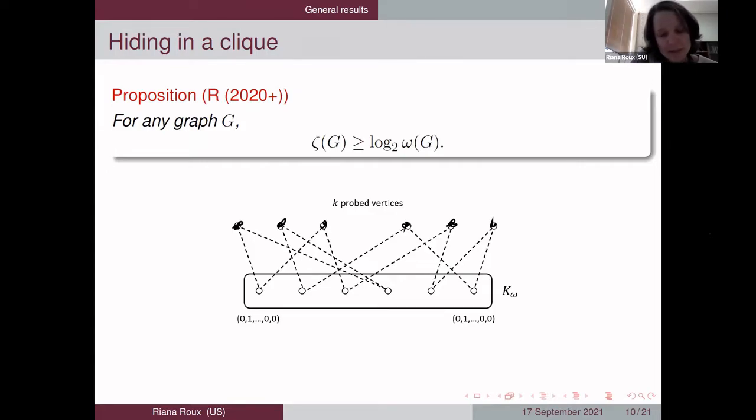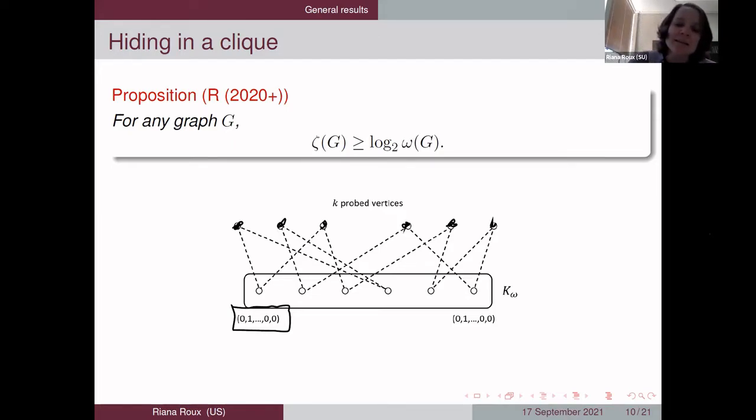What we're going to do is give each of these vertices a tuple that indicates how they are connected to the probe vertices. I just want to change the wording a little bit to make clear what happens here.